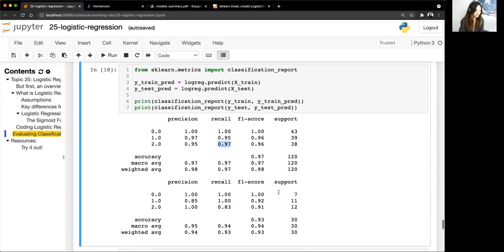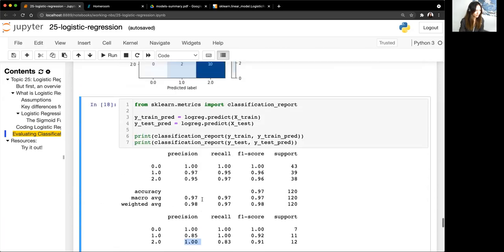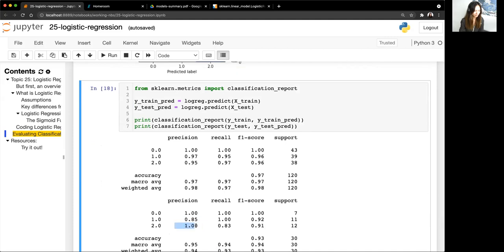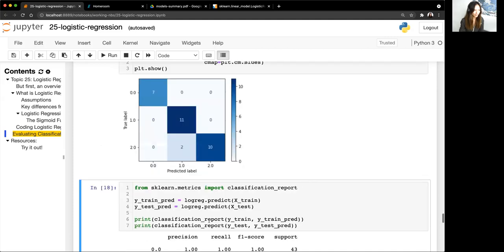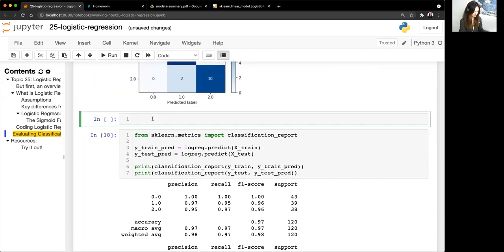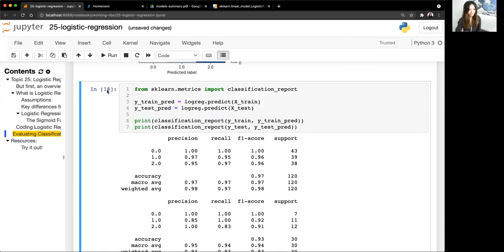So you can see that for our test set, classes 0 and 2 have perfect precision, values of 1. And here it goes down to 0.85 because 11 out of 13 is 0.85. So that's how I like to think of precision and recall per class.